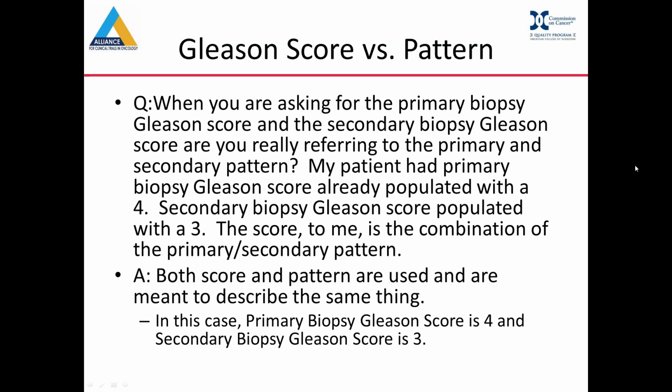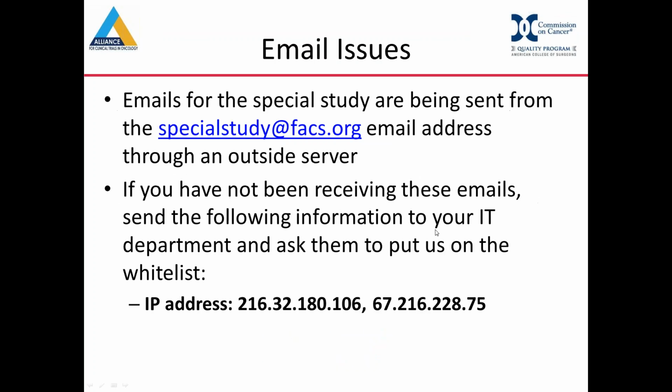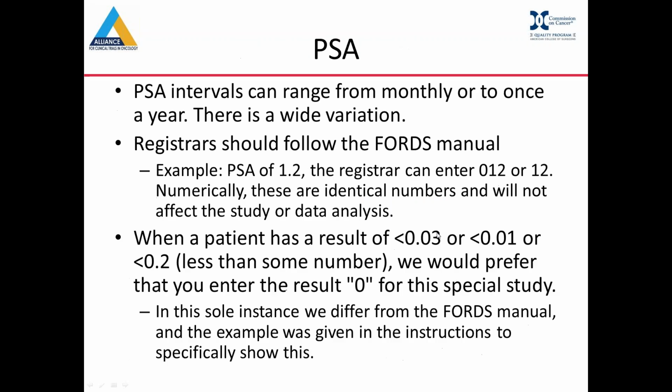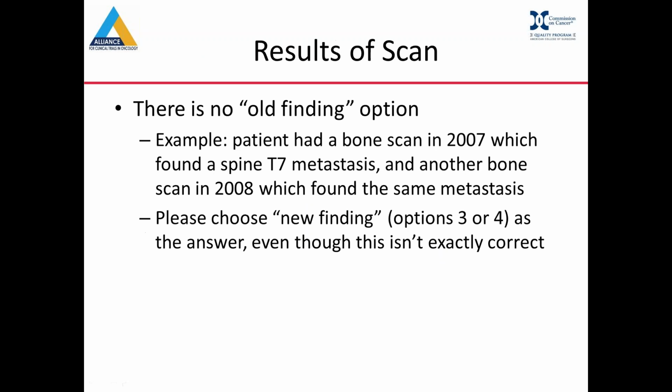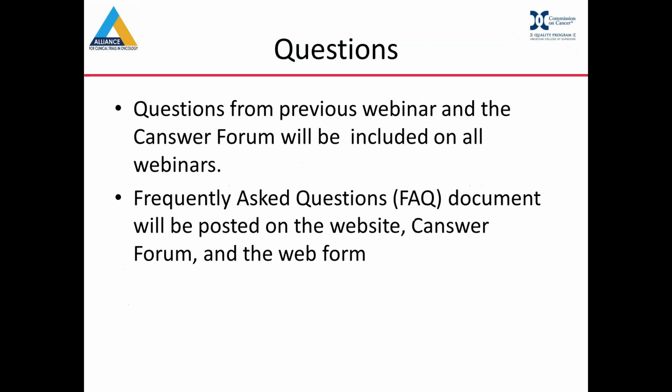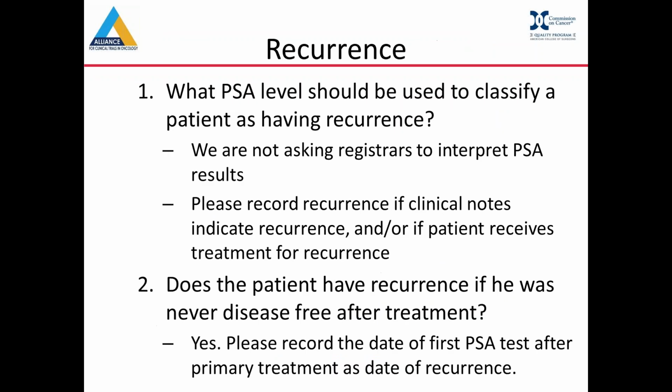So for recurrence type, we can go back to this recurrence question. What level of PSA should be used to classify a patient as having a recurrence? We're not asking registrars to interpret PSA results.